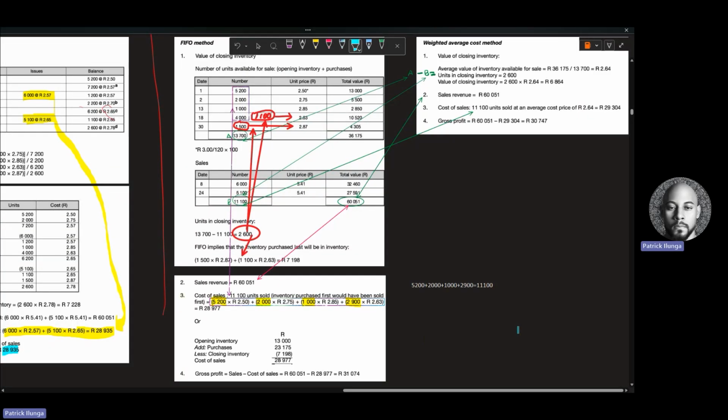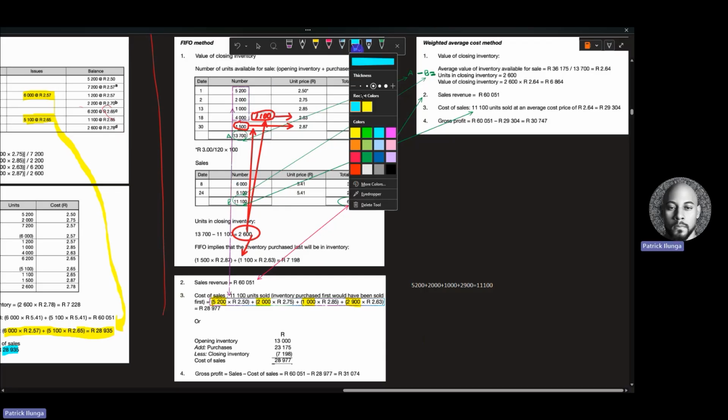Nothing is done in the middle. For the FIFO in the periodic, we know what the last units are for the cost of sales. So actually what was sold was this.